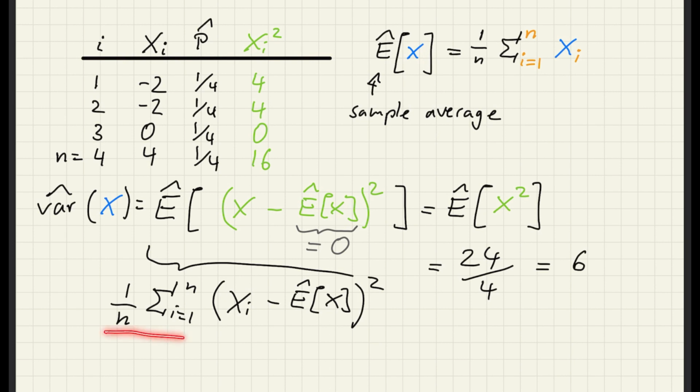Now when you write it like this, it may look similar to a formula for the sample variance that you've seen before, but maybe previously in the formula there wasn't a 1 over n here, and instead there was an n minus 1.